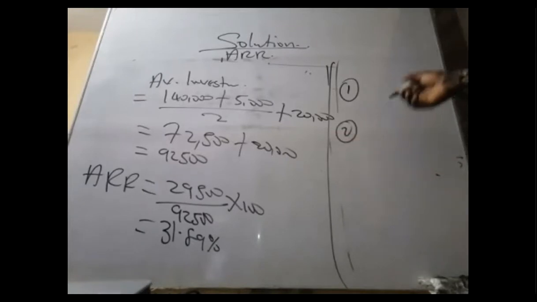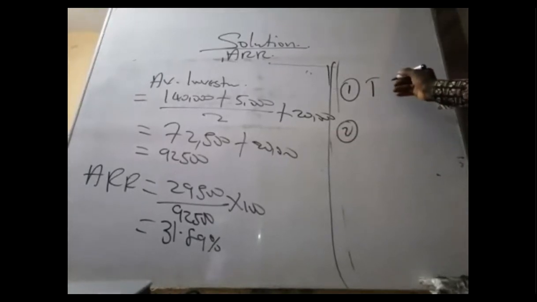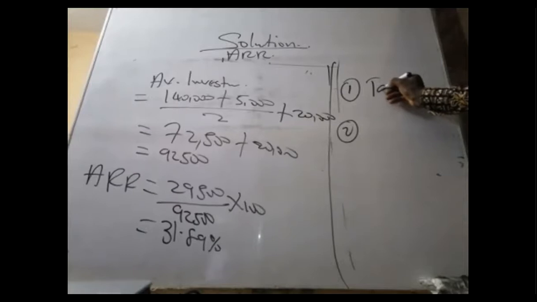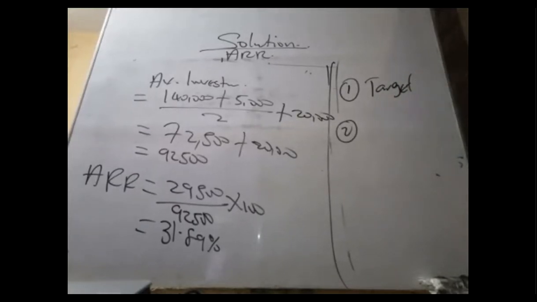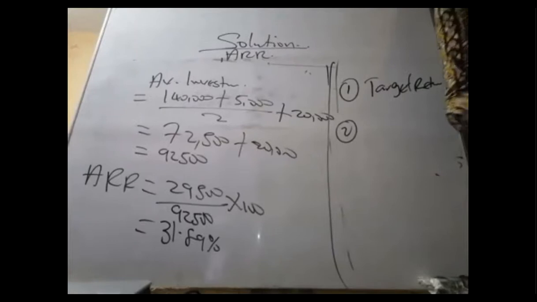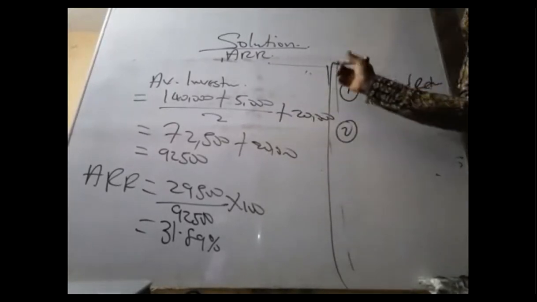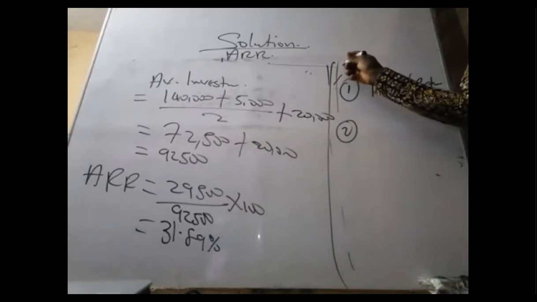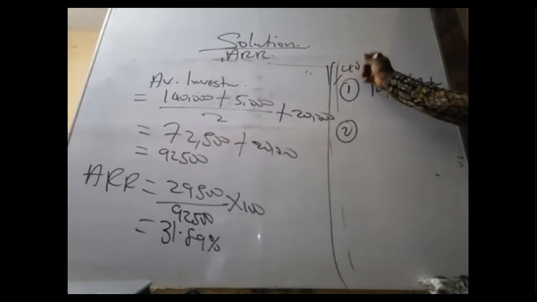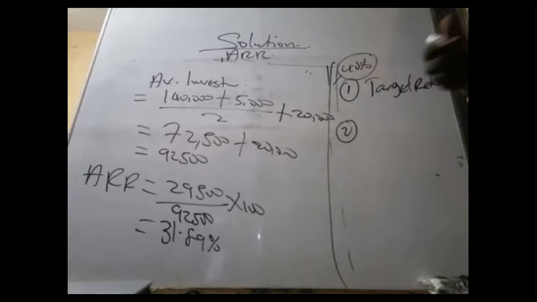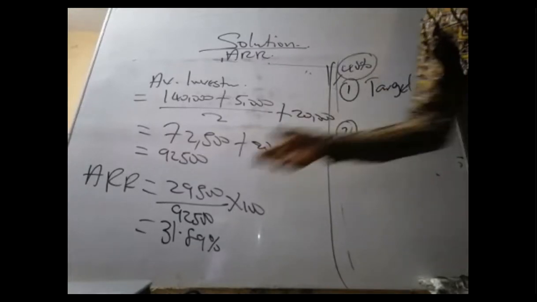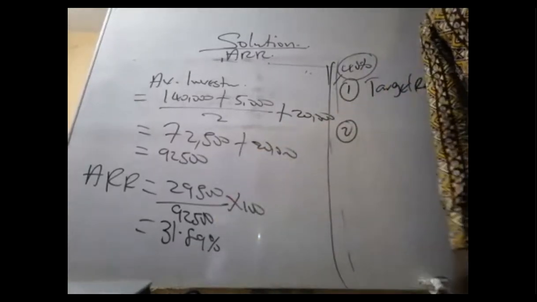Number one is the target return. Every company has an expected return. So target return or rate of return. Before you enter into any project, you have an expectation. This project must give me 40%. Your target is 40%. And if you calculate and you are getting 31, do you go in for it?